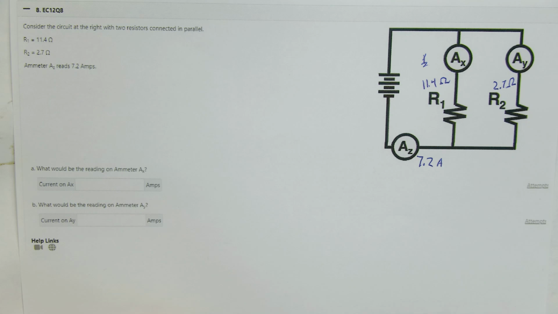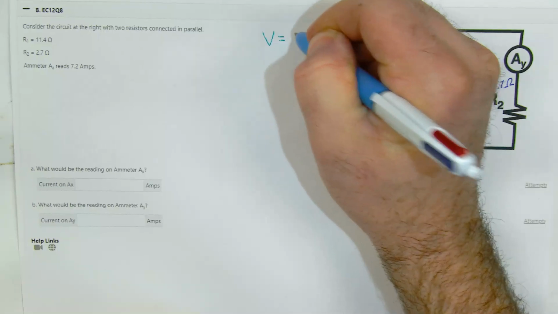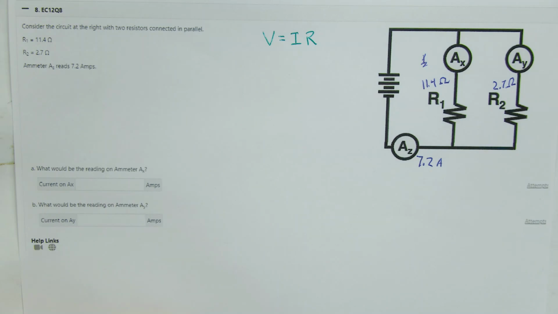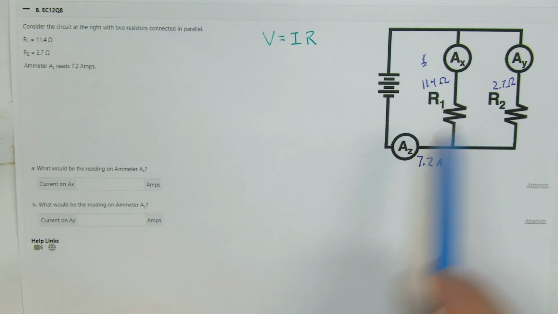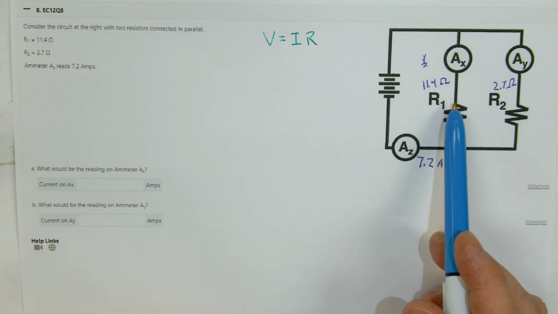To do this, you just use your friendly old equation for Ohm's law. The easiest is if you just state it as voltage equals current times resistance. You have to look at it from a couple different angles before you can really solve it.